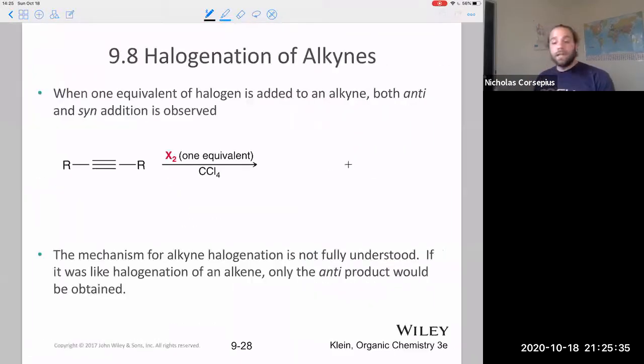But what if you just have one equivalent? If this was our alkenes, we would expect an anti-addition. With our alkenes, there was that cyclic bromonium ion that was formed, and so we had an anti-addition. We would expect it to be just the E isomer, or I guess you can't necessarily conclude 100% it's the E, but bottom line, you have an anti-addition, so the halogens are on opposite sides.